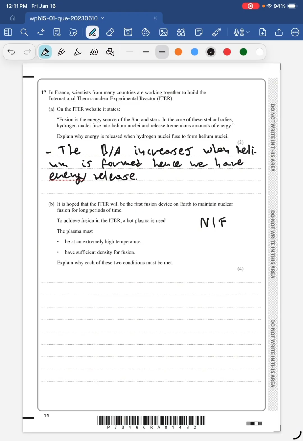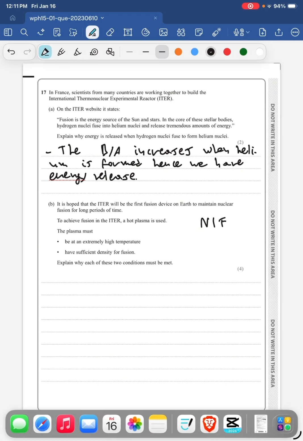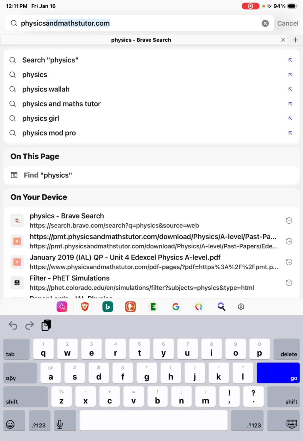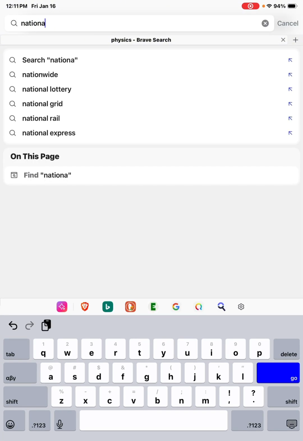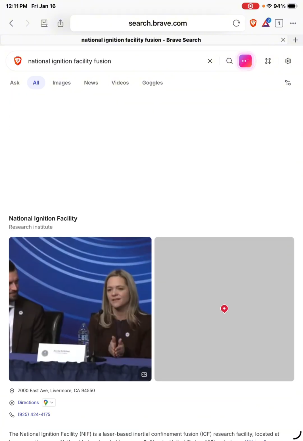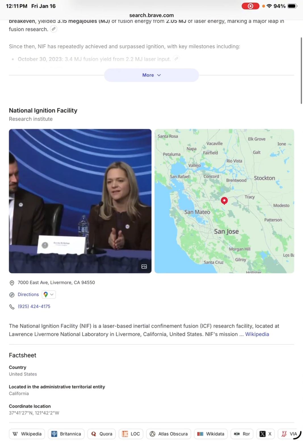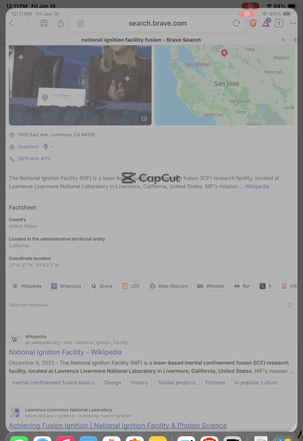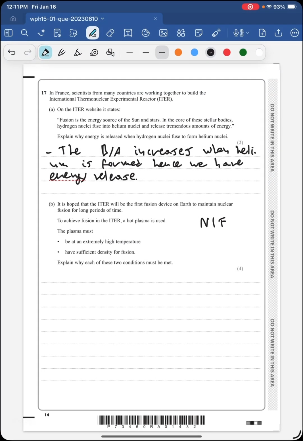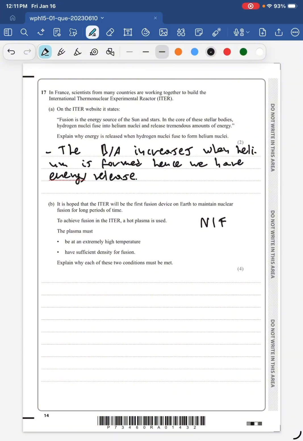Let's go to Google. National Ignition Facility. Is it NIF? Is this the name? Let's see. Yeah, it's NIF. Okay, I remember it correctly. This is another project to look into.